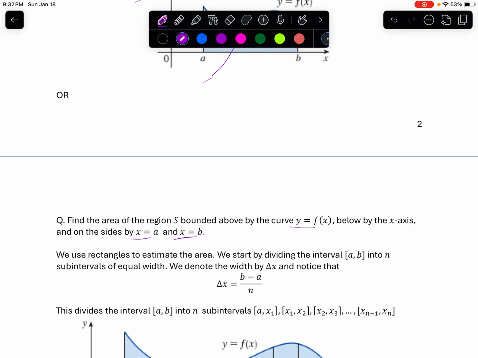We add up the areas of the rectangles, but that will not be the exact area, because we would have lost some region, or we would have added extra region in our sum. So the value we get will be an estimate.